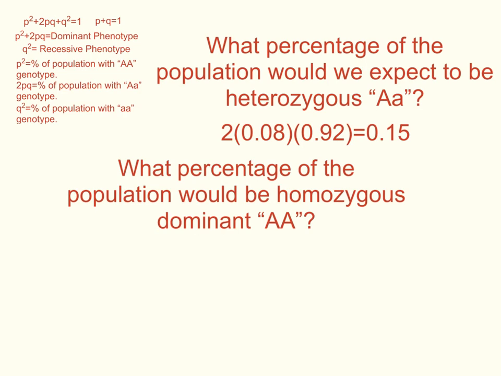But remember that the percentage of the population that's homozygous dominant, big A, big A, is not just P, but as you see over here, it's P squared. So we take the P value that we had before, 0.08, and square it, and we get 0.0064, or in other words, 0.64% of the population will be homozygous dominant.